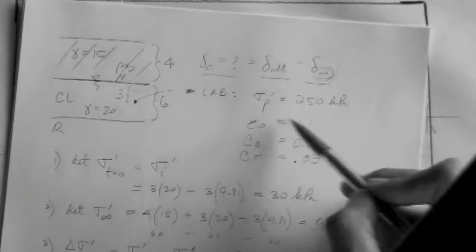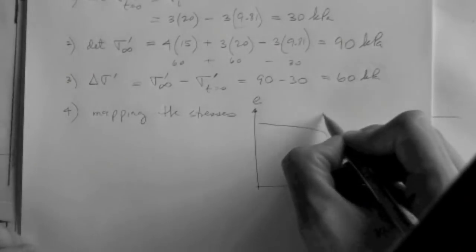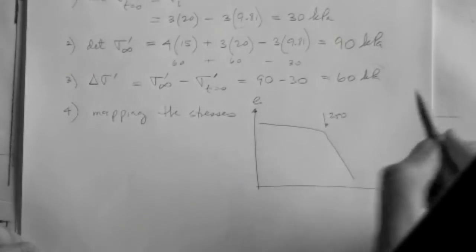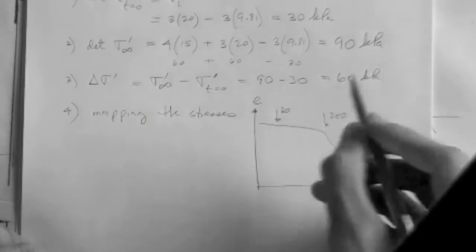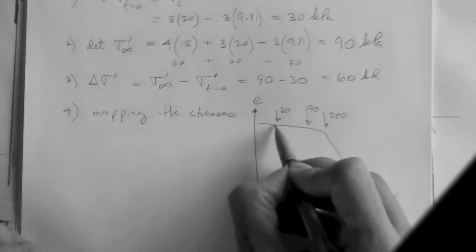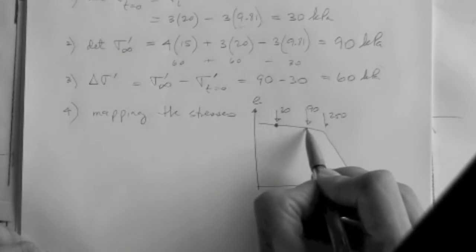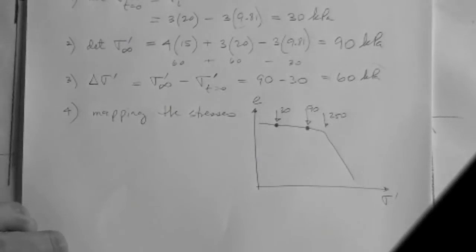And also the pre-consolidation stress, which was provided by the lab, 250 kPa in this case. So 250, initial is 30, and final is 90. The soil begins here, and it will end carrying 90.